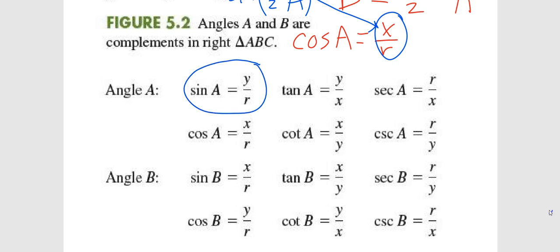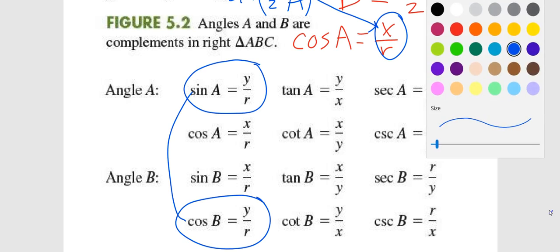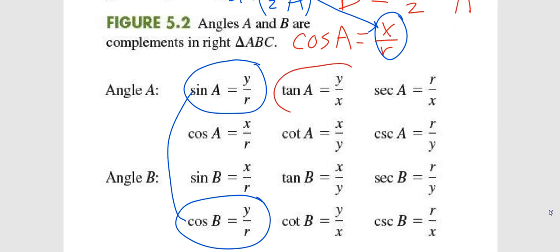Which one, the sine of angle A, where do you see that in the lower section for angle B? See how those match? What about tangent of y over x? Where does that show up for the other one? Cotangent, right?